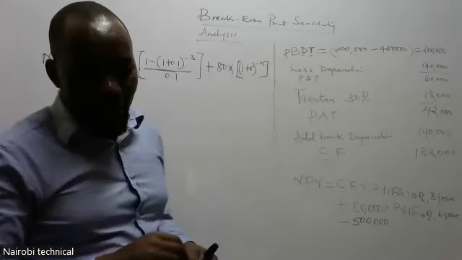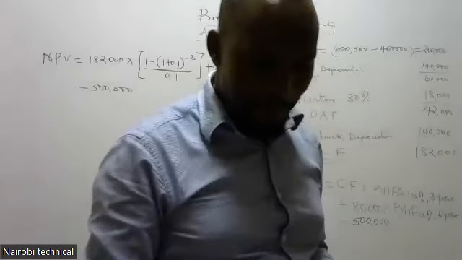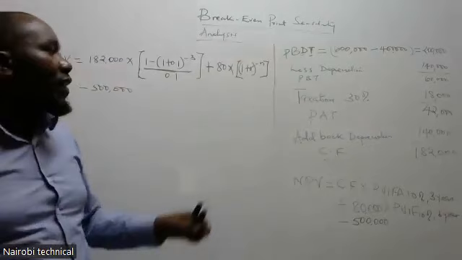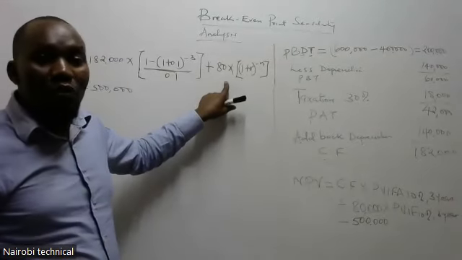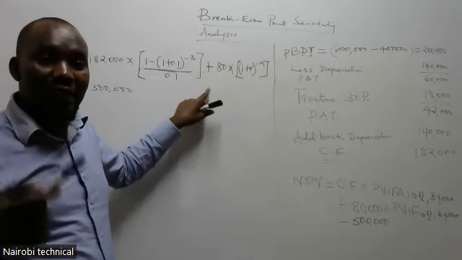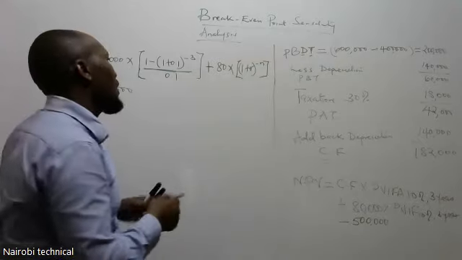Are we together there? It is going to be received in the 3rd year, meaning that this value will depreciate in the 1st year, the 2nd year, and in the 3rd year is when you're going to get it. So you get the equivalent value of this in the 3rd year. This one is 80,000.